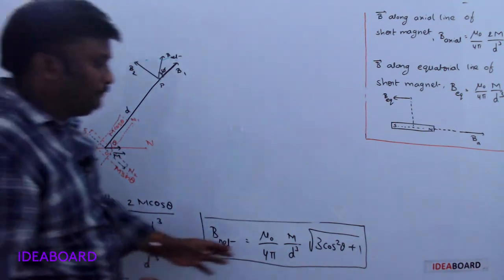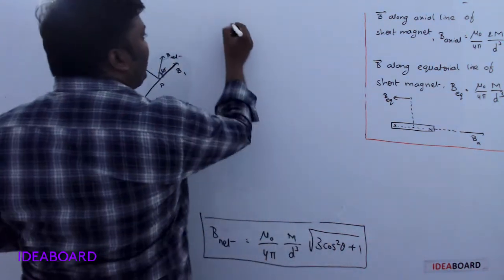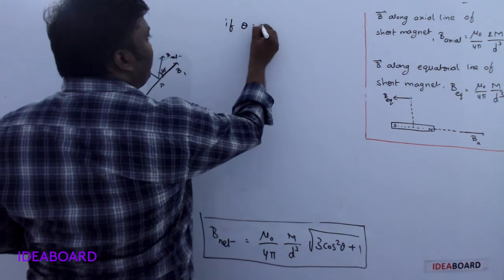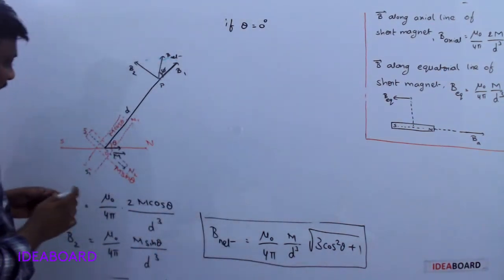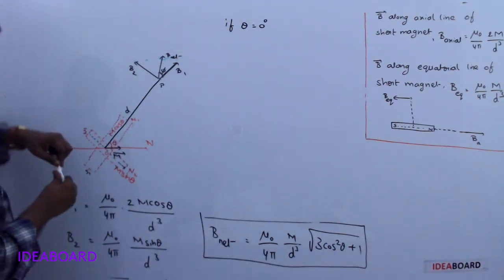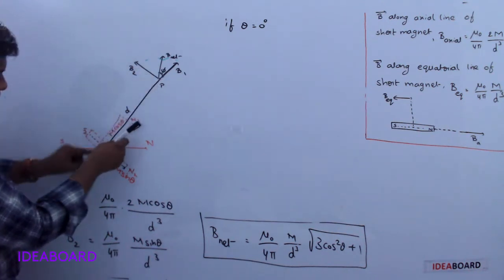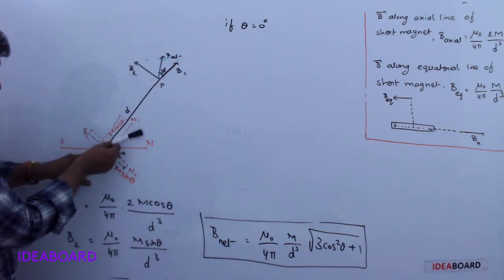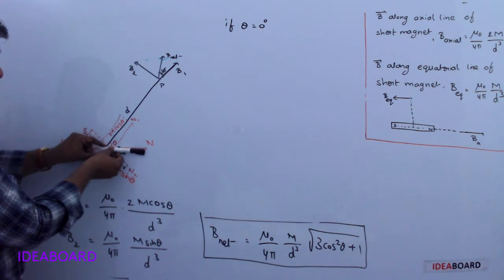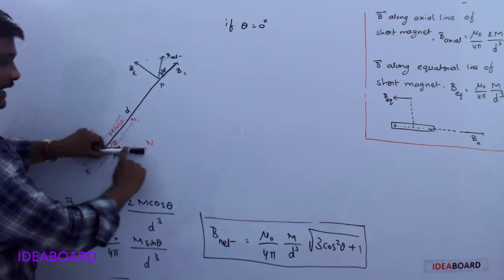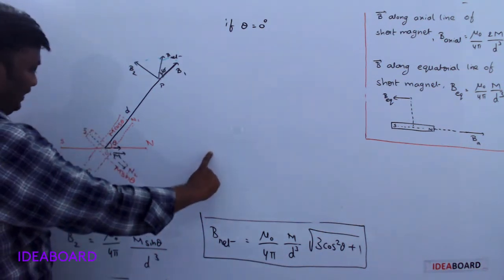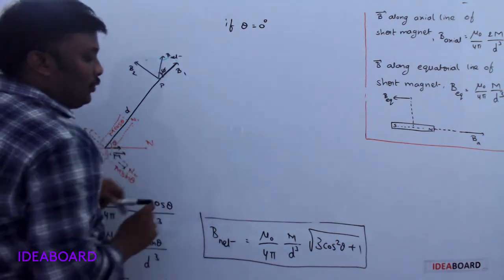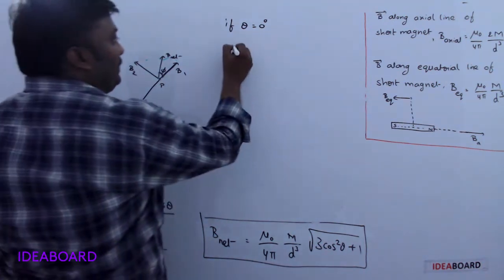Now let us see, if theta is 0 degree. This is theta. Theta 0 means point P is along this direction, so it is along the axial line now. So for the axial line, what happens?